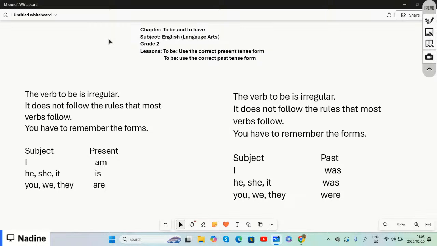So the verb to be is irregular, and it does not follow any rules, meaning that the verb can change. It's not where we say you add D or you add ED to show the tense of the verb. So it doesn't follow rules that most verbs follow. You're just going to have to remember the form.